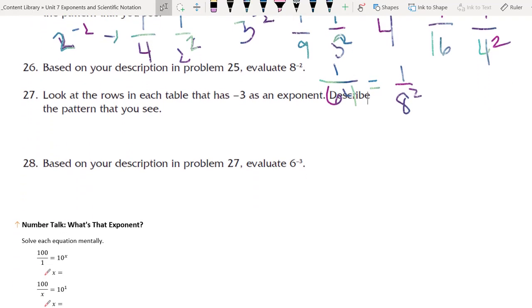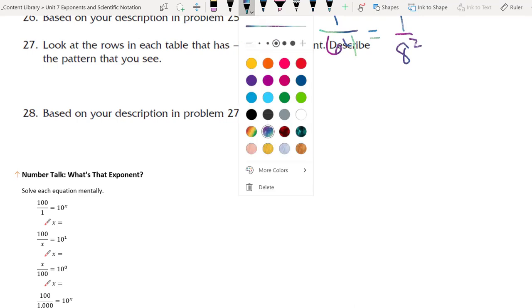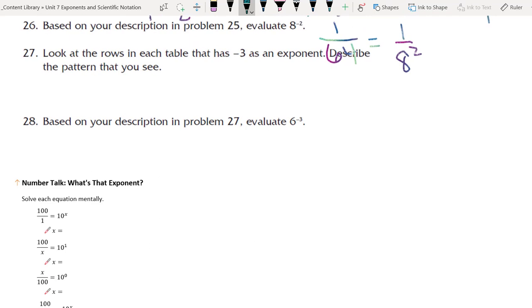Looking at the rows in each table that has -3 as an exponent, describe the pattern that you see there. So when we had 2 to the -3rd, that was 1 over 2 to the third or 1 over 8.